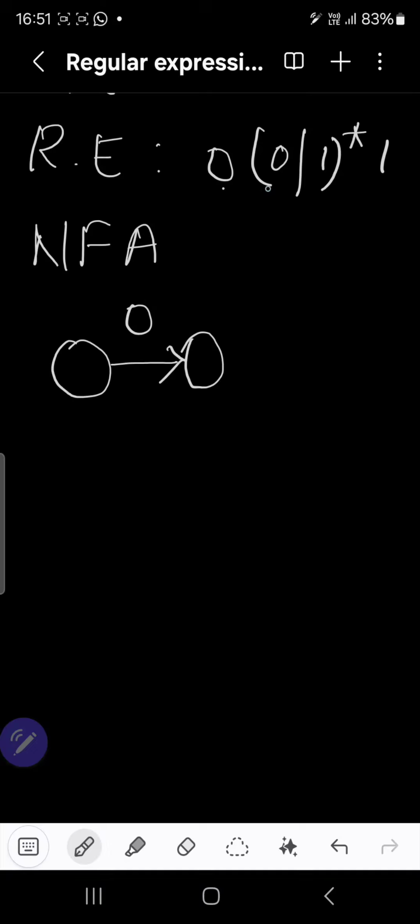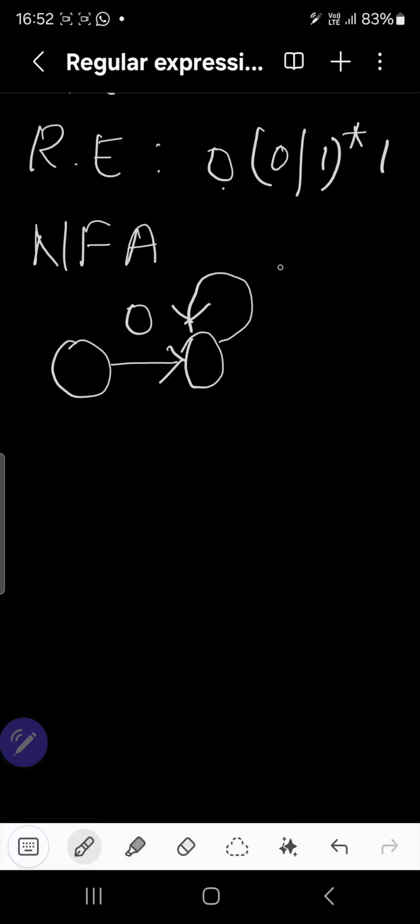Then we have 0 or 1, 0 or more number of times. But it is a repeated one because 0 times it can be present, or it can be present 1 time or 2 times or any number of times. So we have to have a loop which states it can be 0 times, meaning that it will be in the same state, or 1 times or 2 times, however many times we want.